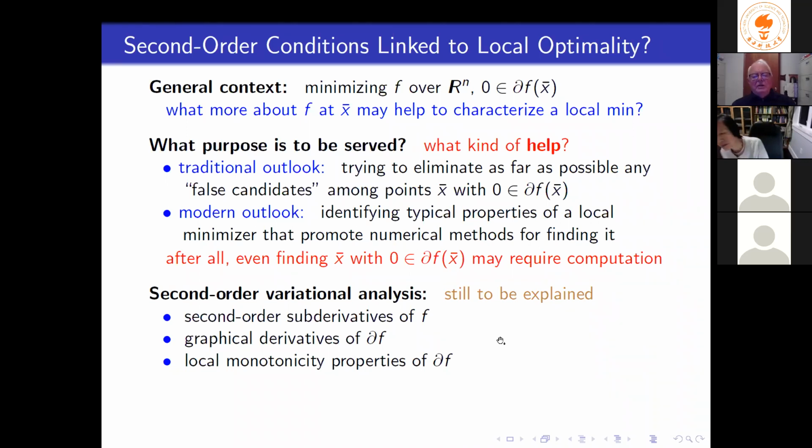But the whole idea is that variational analysis is not just to be used, it's to be developed for this purpose. The purpose of variational analysis is to help with such things in optimization as giving you a kind of second order theory of a local minimum, a sufficient condition for a local minimum that will promote numerical methods.